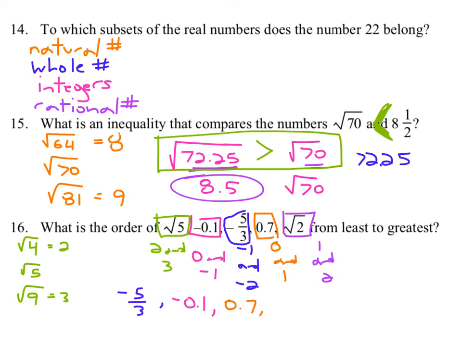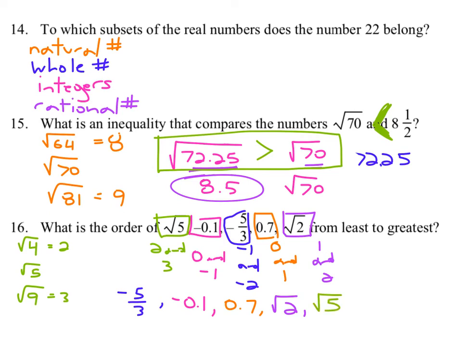Between 1 and 2 is right here, square root of 2. And finally, between 2 and 3, right here, square root of 5.